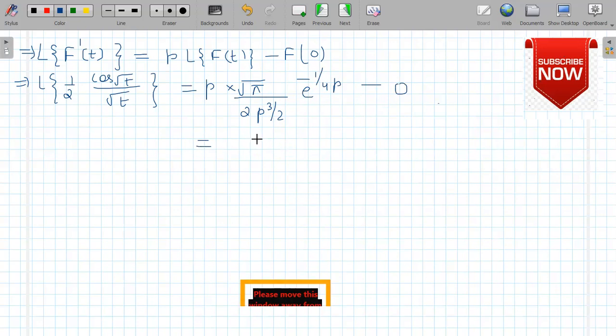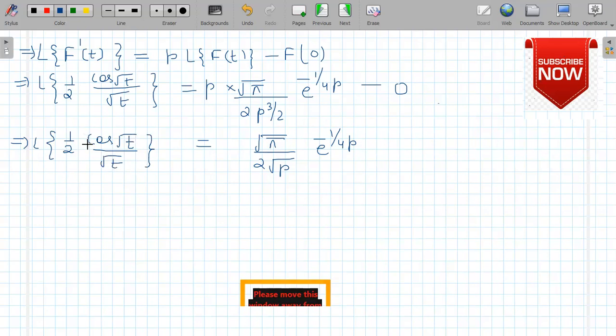So it is square root of pi over 2 square root of p e raised to the power minus 1 upon 4p. This is what we are getting as the value of Laplace transform of 1 upon 2 cos of square root of t over square root of t. But we are asked the Laplace transform of only this, not this.